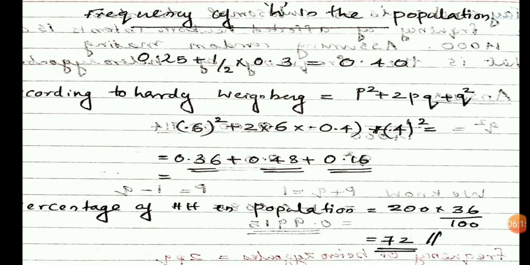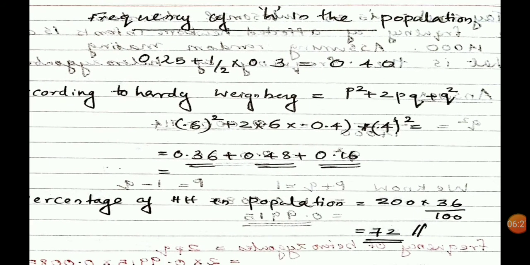We get 72% of the capital H dominant condition in this population, that is 200 into 36 by 100, we get 72 capital H.